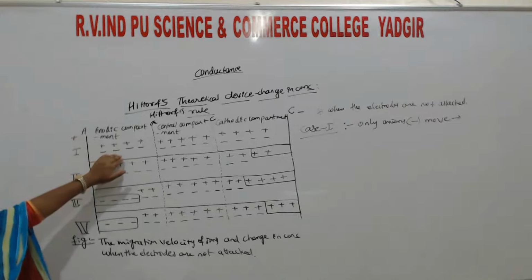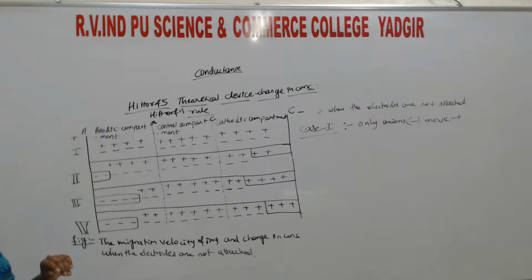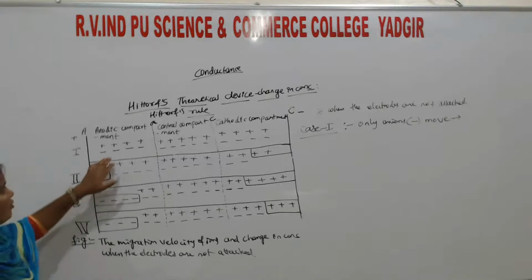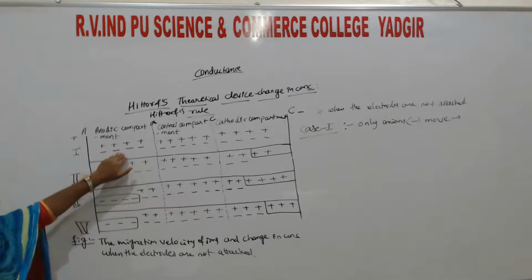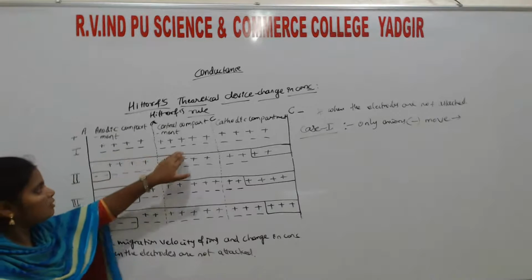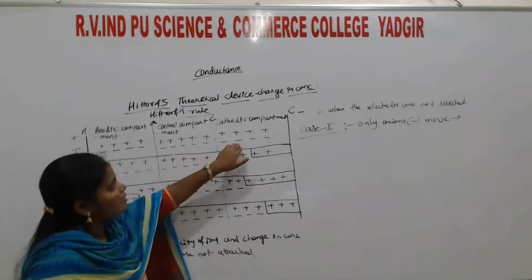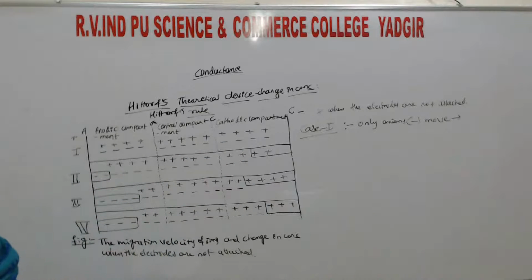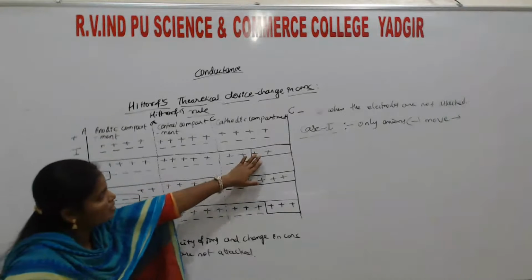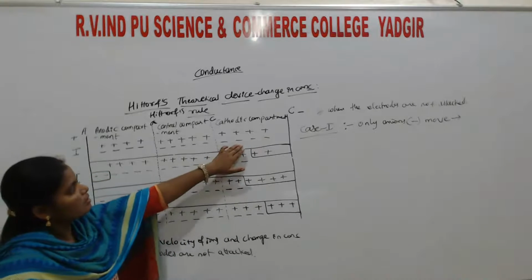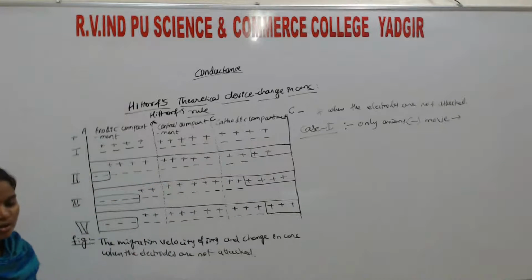Before electrolysis, the current is not passed through this cell. There are 4 pairs of ions here, 5 pairs here, and 4 pairs here.